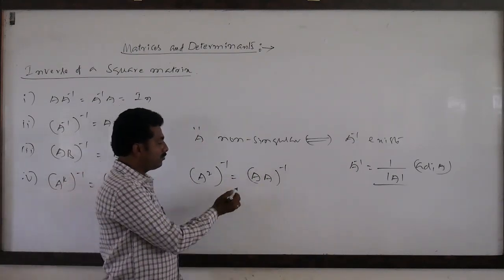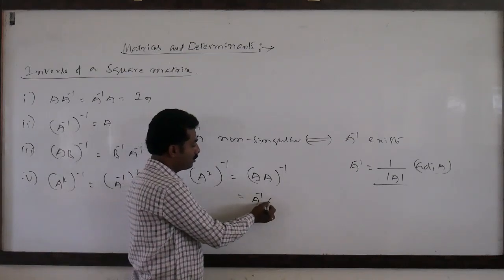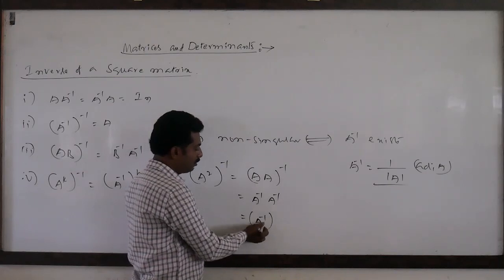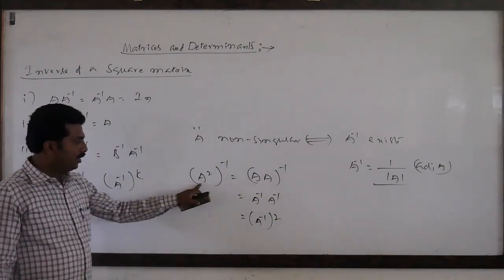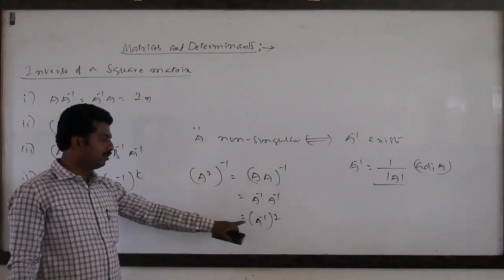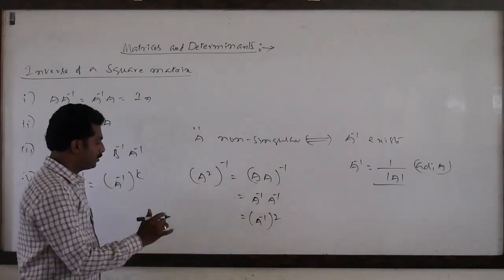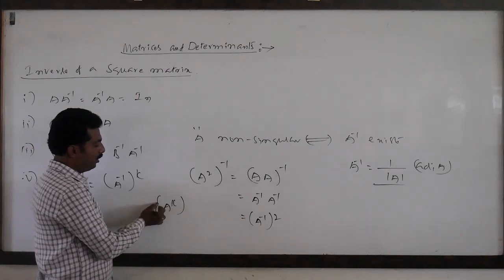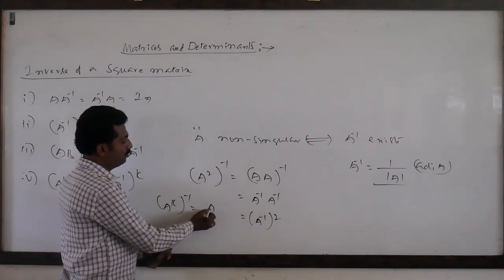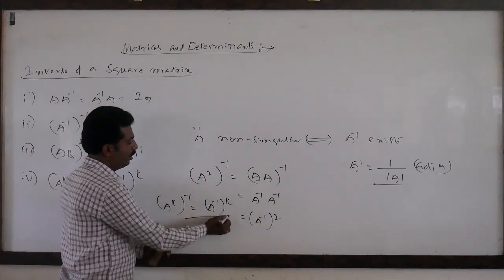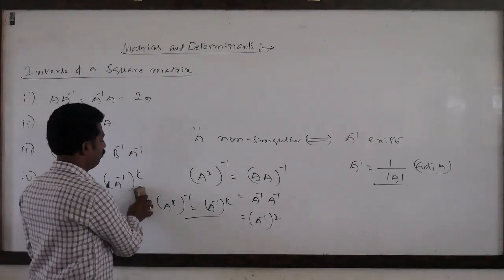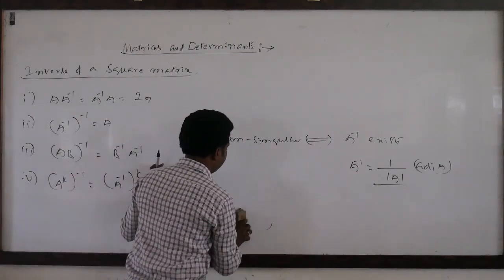AB whole inverse means B inverse A inverse, so how many A inverses are there? A inverse whole square. So A square whole inverse is nothing but A inverse whole square. Similarly, A power K whole inverse equals A inverse whole power K, where K is some positive integer. Like that we have to do. Next.